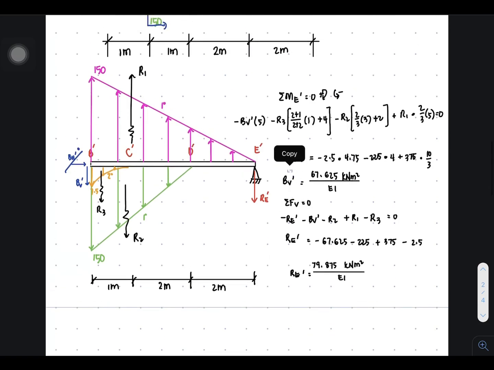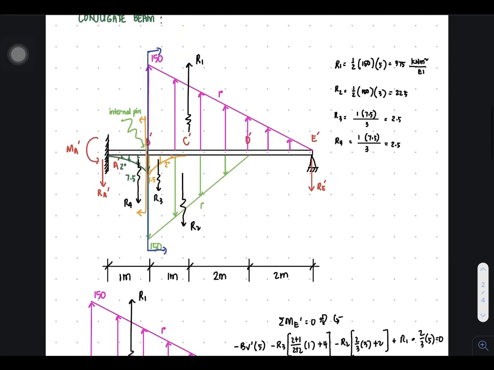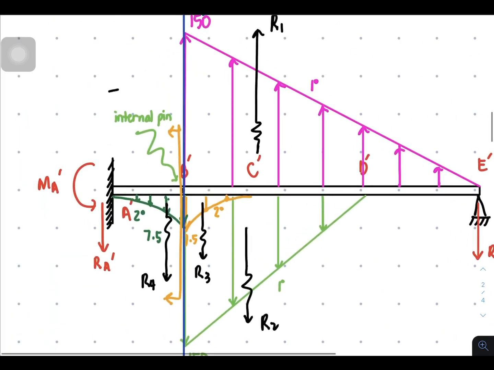Okay, our objective is to solve for BV prime because that is our value to be transmitted to the other side of the beam. So this is the other side of the beam, and what we're going to do here is to cut the beam here to the right side.